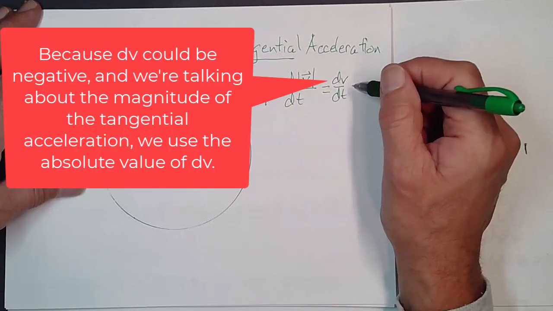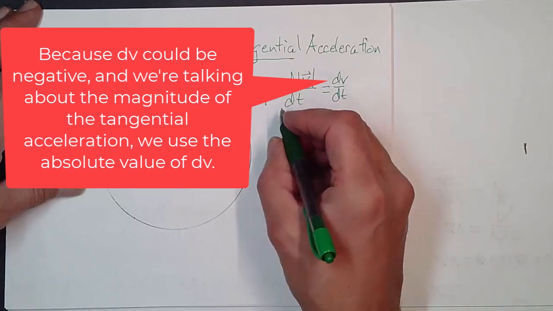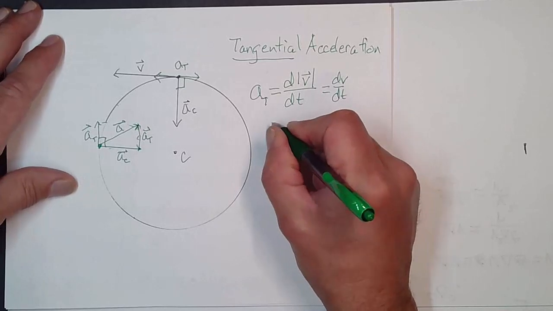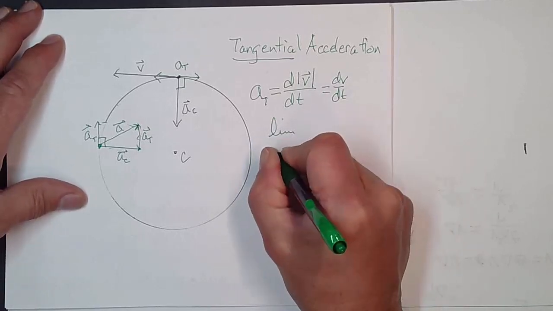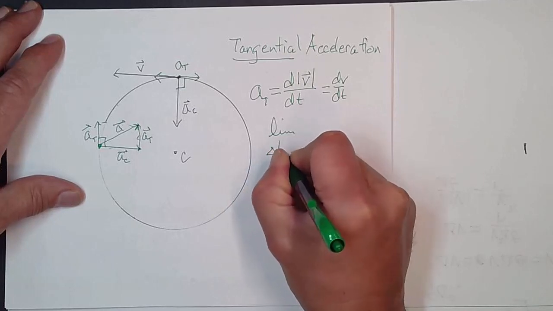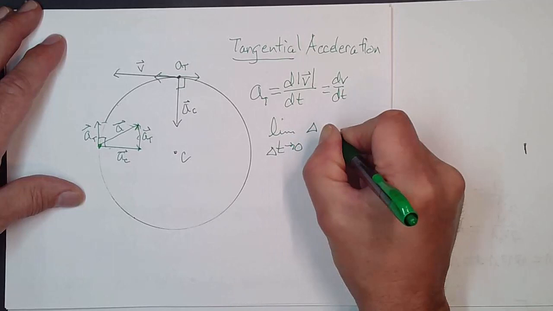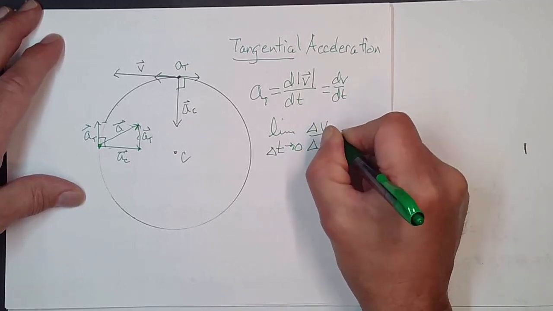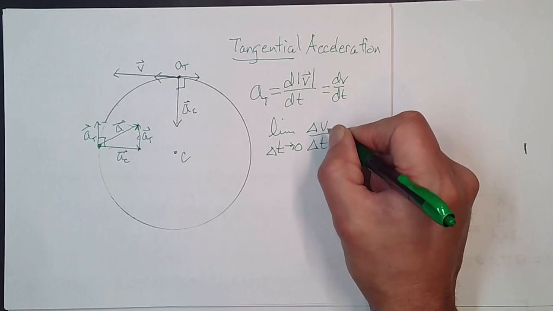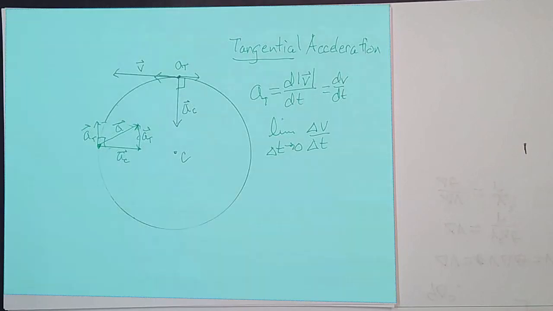You're just talking about the time rate of change of the magnitude of the velocity. Or, if you haven't quite gotten to derivatives yet, you could think of it as the limit as delta t goes toward 0 of delta v over delta t. And this v is just the magnitude of the velocity. Okay, so you can think of it that way. And that's what the tangential acceleration will be.